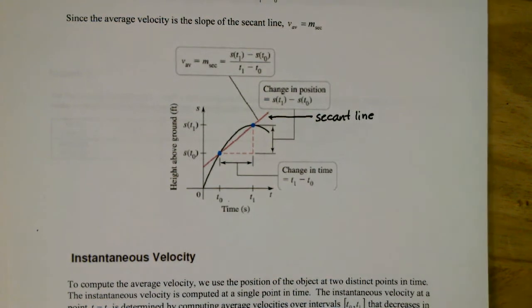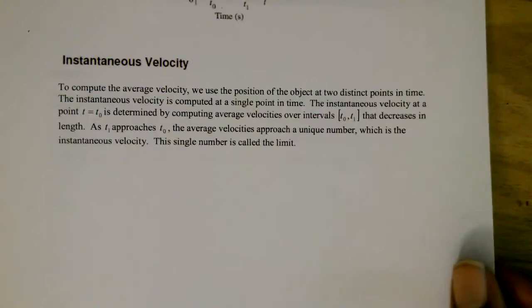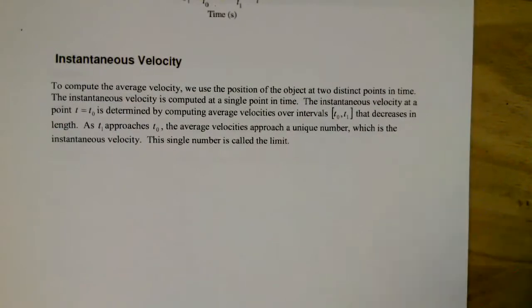All right, now let's talk about instantaneous velocity. When we compute the average velocity, we use the position of the object at 2 distinct points in time. Now for the instantaneous velocity, that's going to be computed at a single point in time.